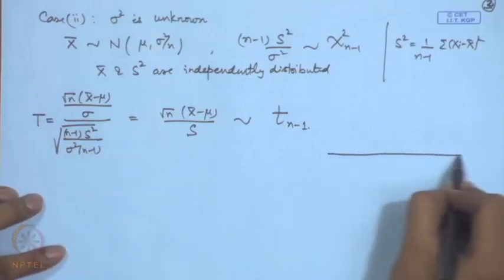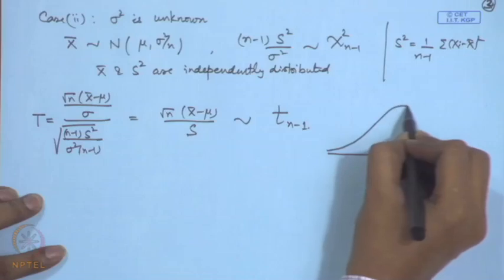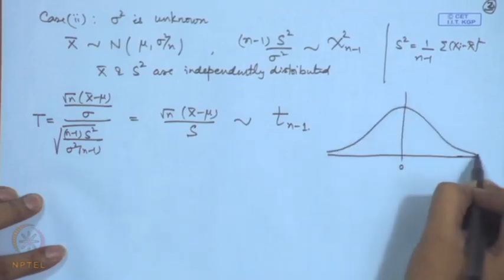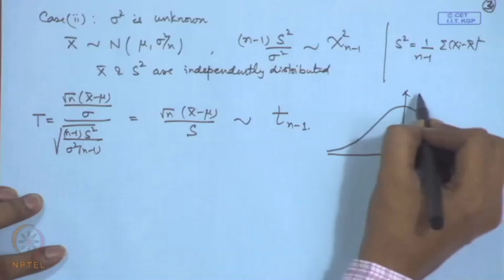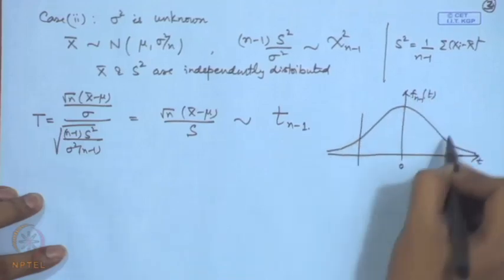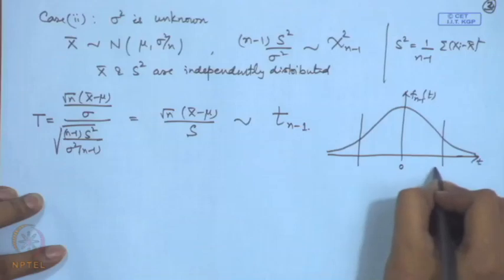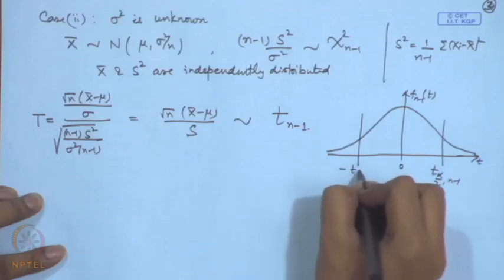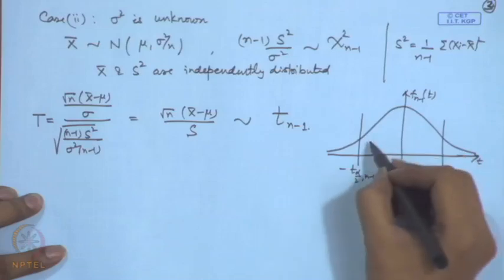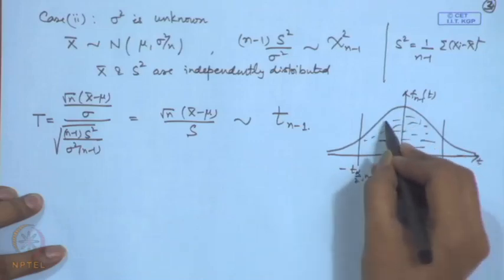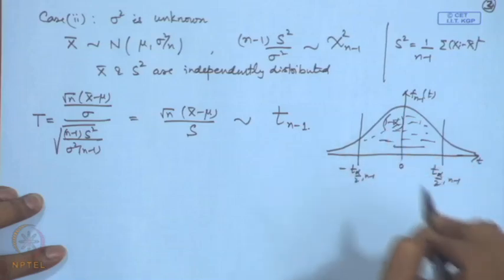Now, again notice here that the distribution of t is also symmetric about 0. This is t, this is the density function of t. So, if I consider the points t alpha by 2, n minus 1 and minus t alpha by 2, n minus 1, then this probability in the intermediate region is equal to 1 minus alpha.